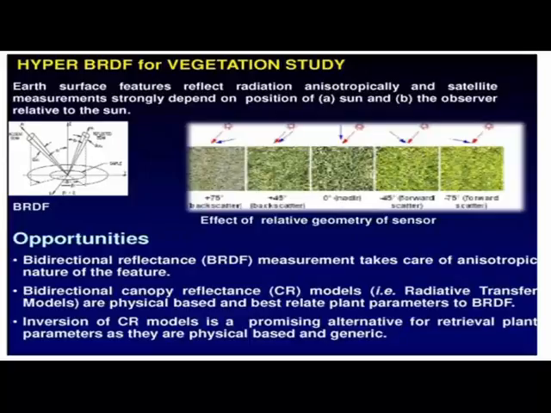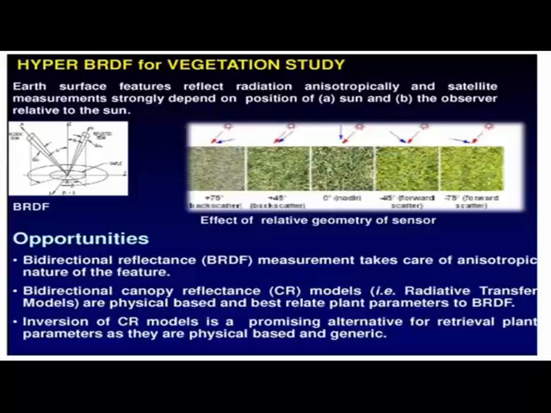For example, you see down here the lawn, where in different directions you have the camera. This camera is the blue arrow, and the source of light is given here as the sun. So if you take photographs from different directions, the lawn picture is going to be different. Why? The source is the same, but the sensor in which the radiation is received is different.